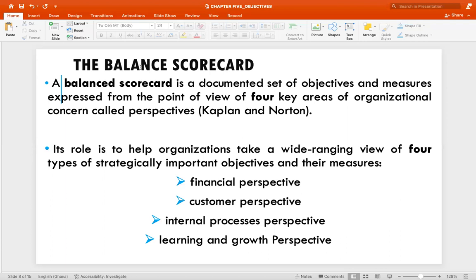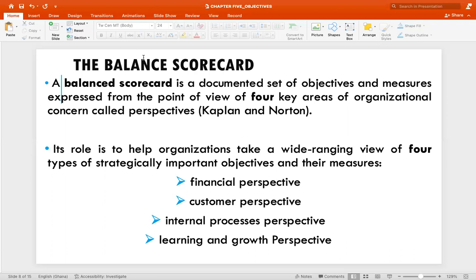From the name, balance, it seeks to avoid a situation where CEOs will only be concentrating on financial targets, or in rare cases, only on strategic objectives, and then seek to have a balance between your financial objectives or return targets as well as your strategic objectives.